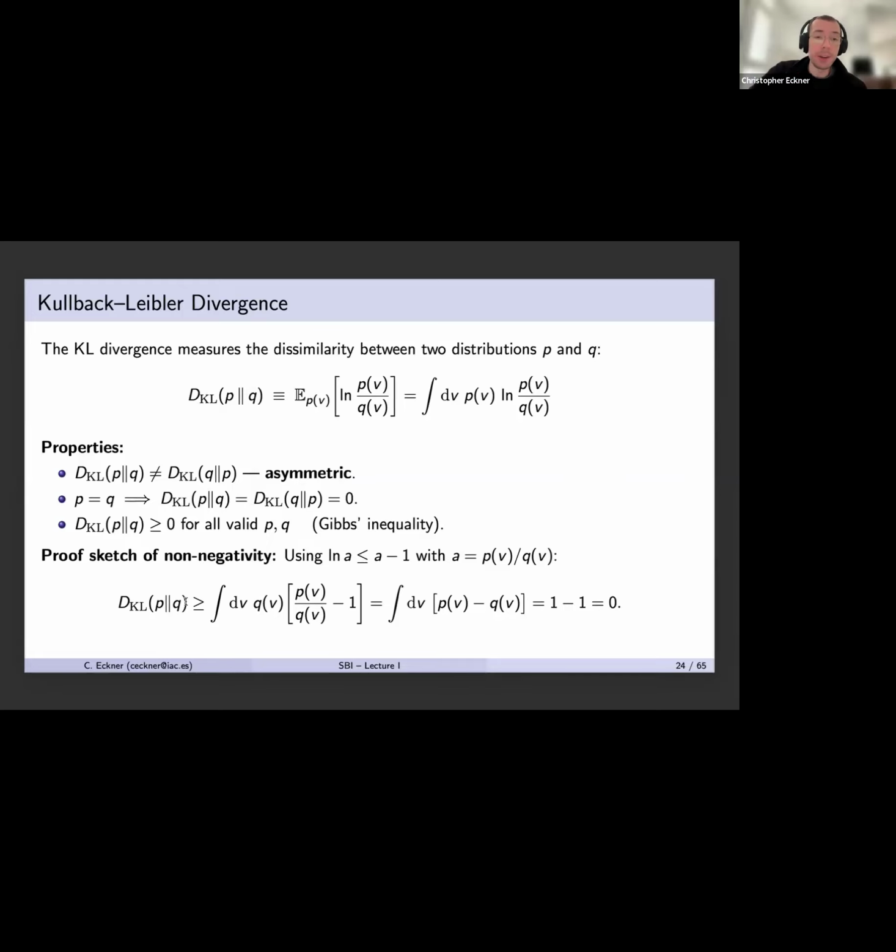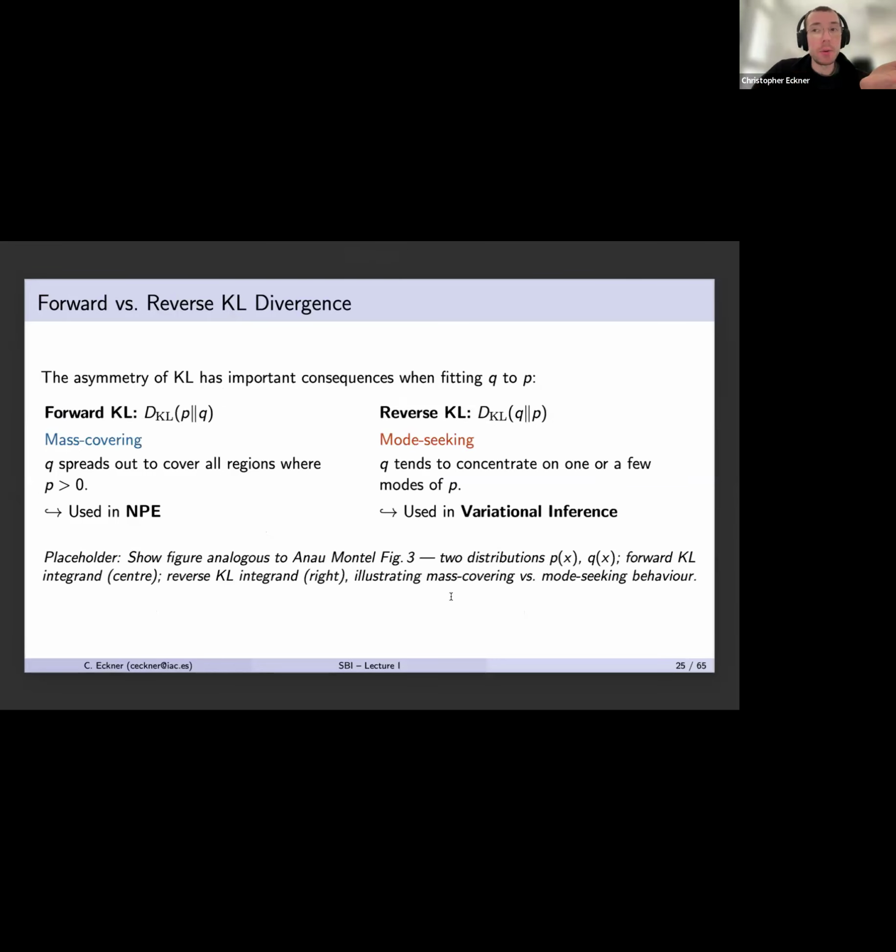Then you can just look at the definition, perform this kind of estimate of the integral, and you see that it works. So this is the property of this particular measure. As I said, you can apply this forward and backward, or forward and reverse, using the asymmetry of its definition.